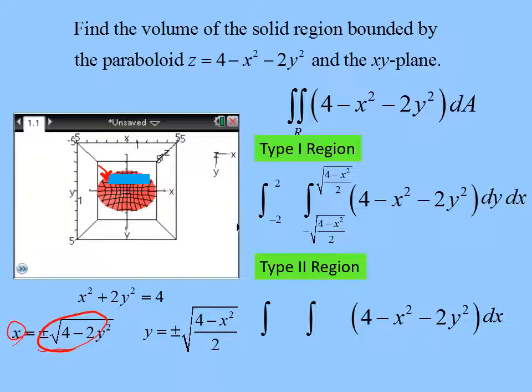We will use, since it's on the left, the negative one of those, and then the positive for the right. Then we need to describe what the y's are. And again, it's the same thing I just showed you. That would go from negative root 2 to positive root 2.